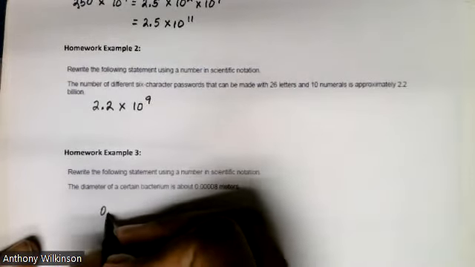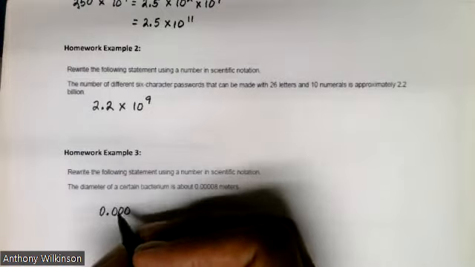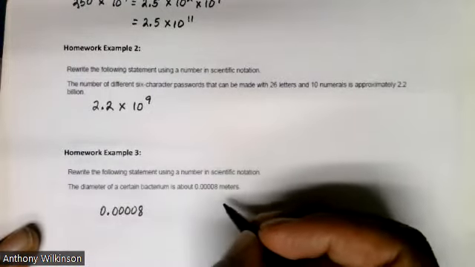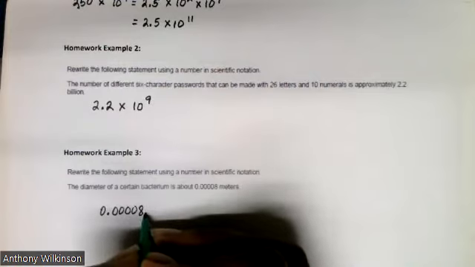All right, example 3. The diameter of a certain bacterium is about 0.00008 meters. And I want that number written in scientific notation. Now to write that in scientific notation, I need to put the decimal point behind the very first non-zero number.